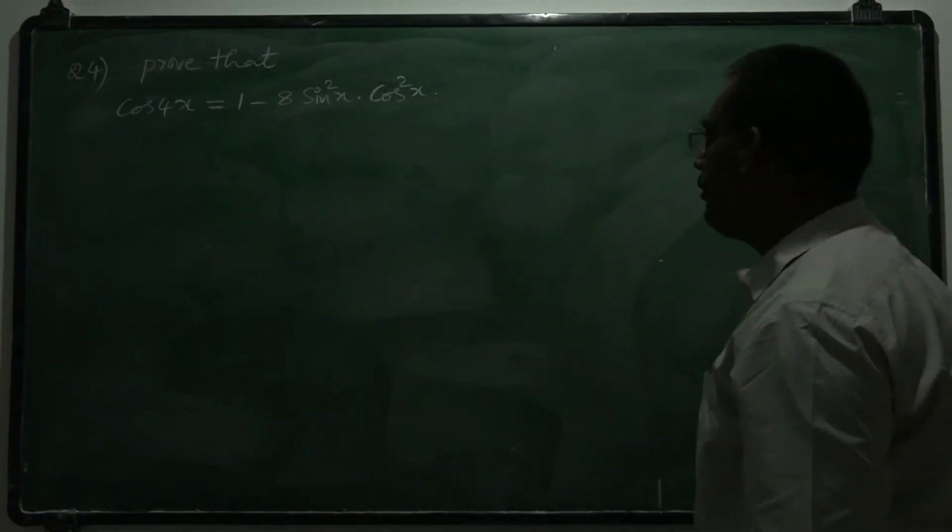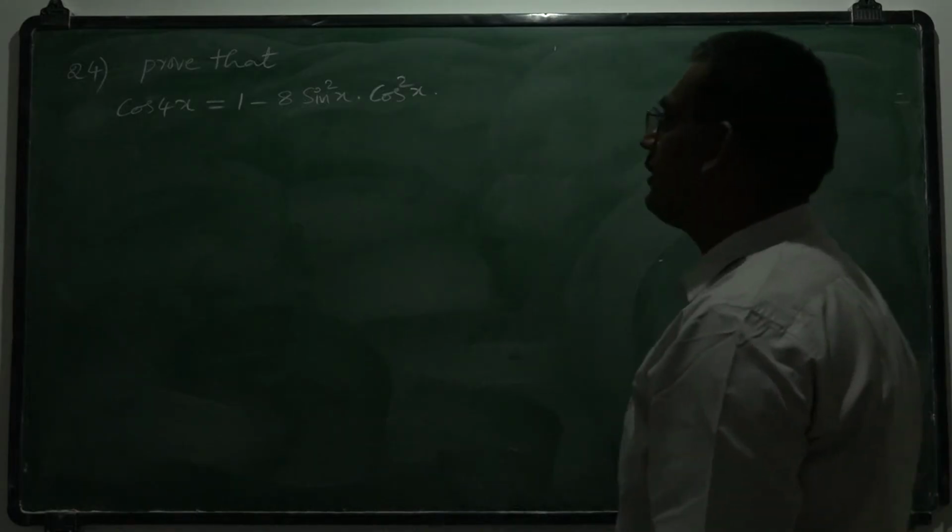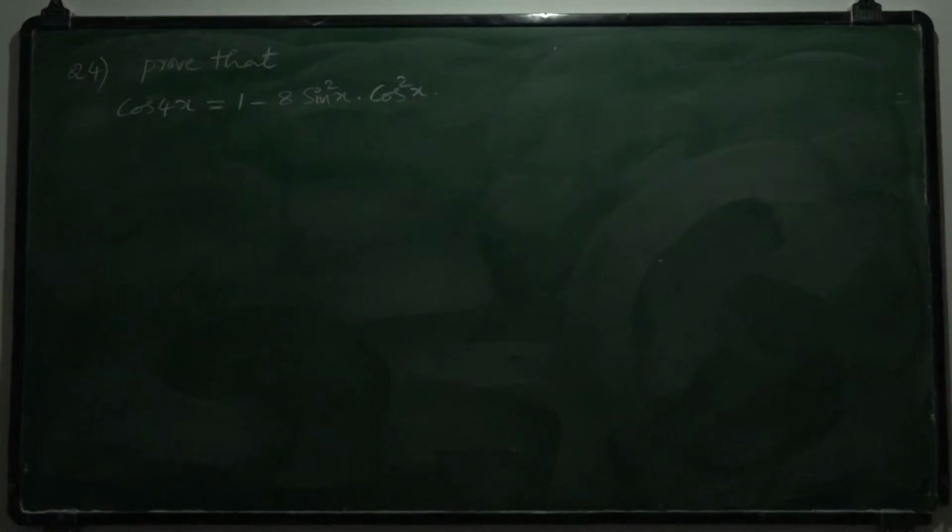So in this problem we prove that cos 4x is equal to 1 minus 8 sin square x into cos square x. Solution.